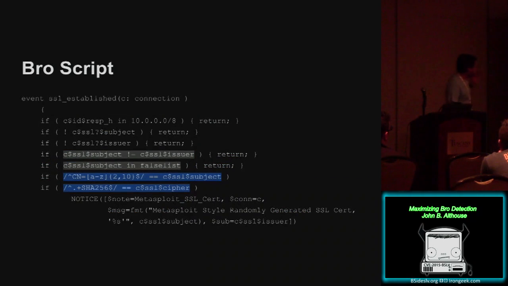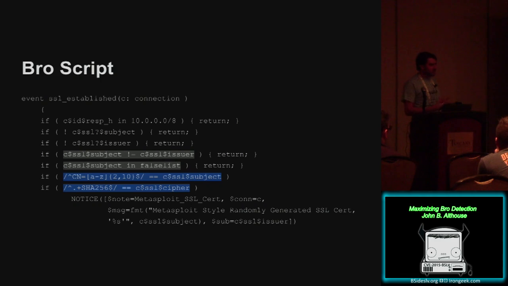Basically, all I'm saying is if the cert is not originating from inside my network, if it has a subject and issuer, if the subject and issuer are the same, and if the subject is not on my false positive list. This way you can tune out simple things like localhost, the obvious ones.